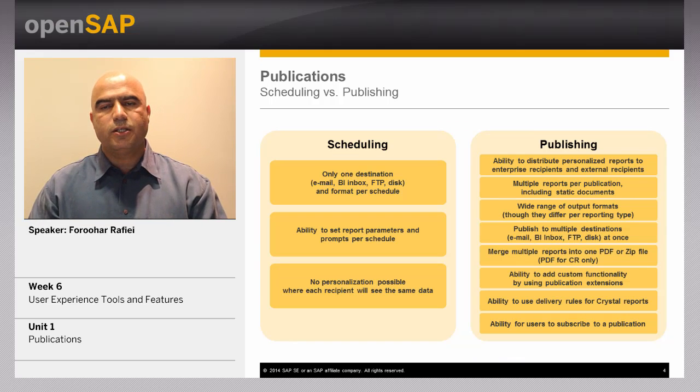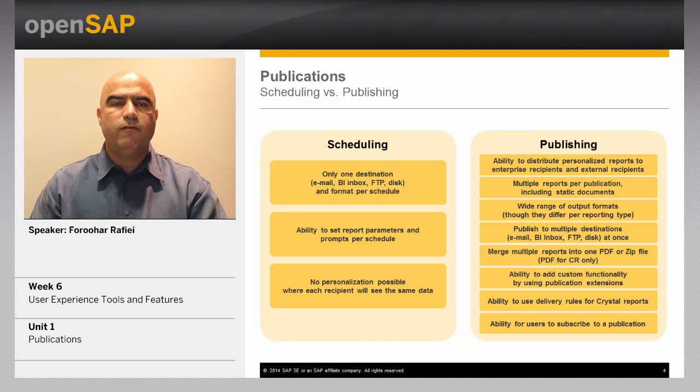I see it necessary to differentiate between scheduling and publishing in this course. They have some similarities, but they are different in nature. Basically, for scheduling, you can only have one destination and one format per each schedule.